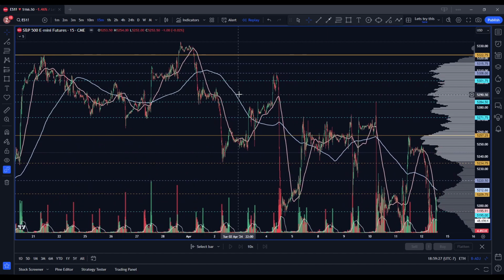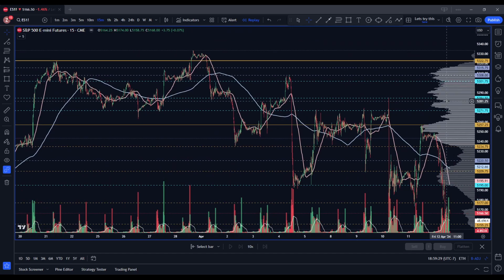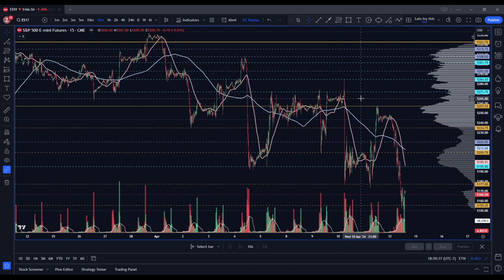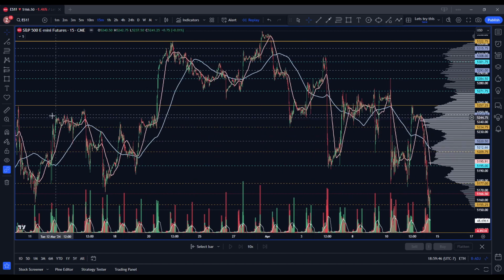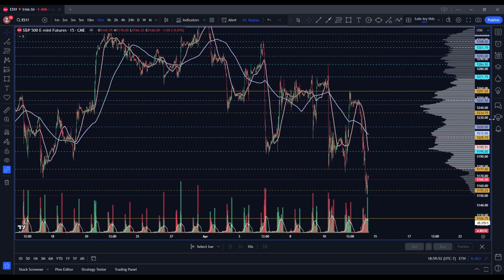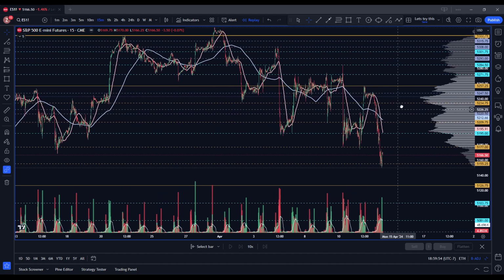But when you see a bunch of chop here, you got to be more careful with how you plot them. So this is a clear level right here, right? Look at all those touches right here, here, here. Also a low volume node on the volume profile. Clean.